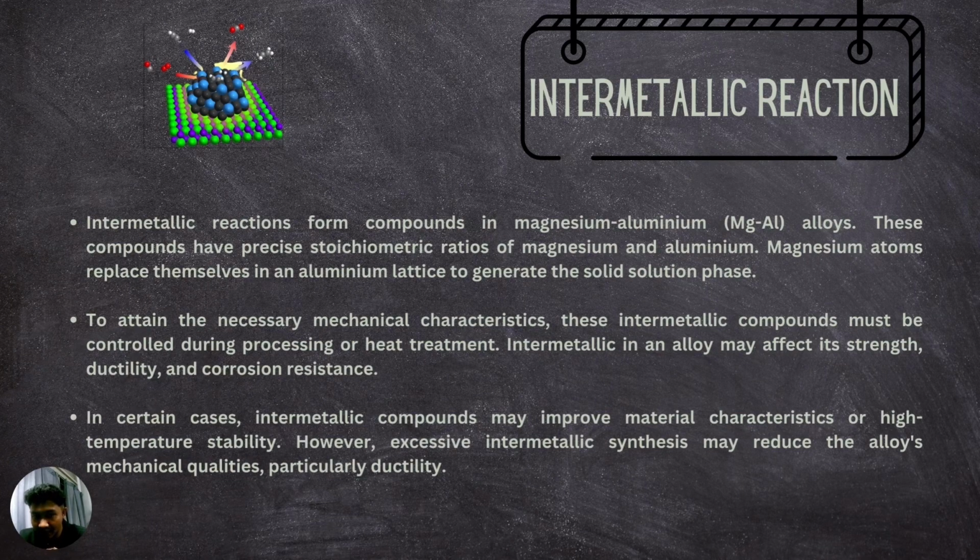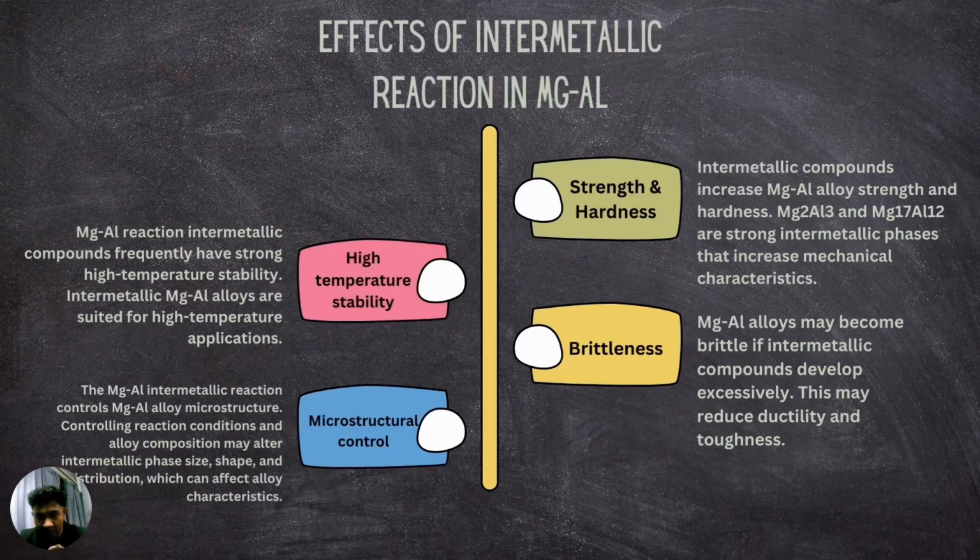These intermetallic compounds must be controlled during processing or heat treatment. Intermetallics in an alloy may affect its strength, ductility, and corrosion resistance. There are four effects of the intermetallic reaction: strength and hardness, high temperature stability, brittleness, and microstructural control.